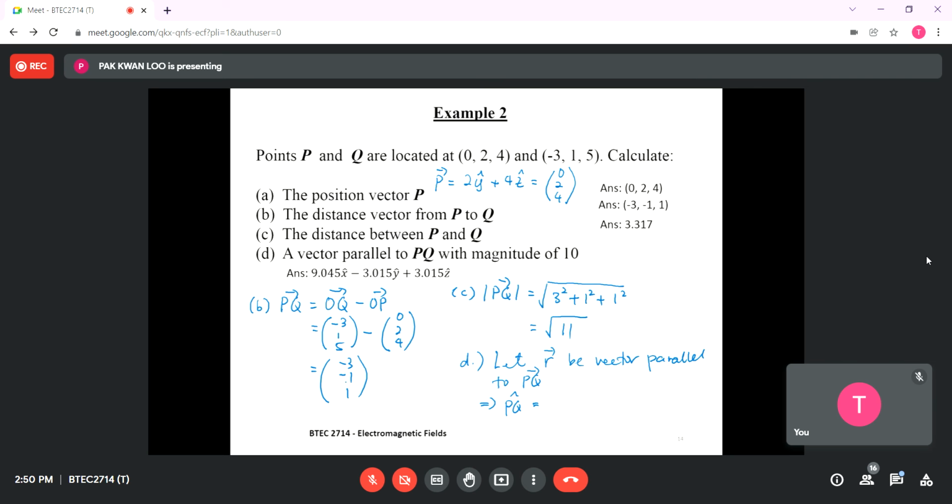So it's simply vector PQ divided by the square root of 11. And therefore vector R is just 10 multiplied by the unit vector of PQ.